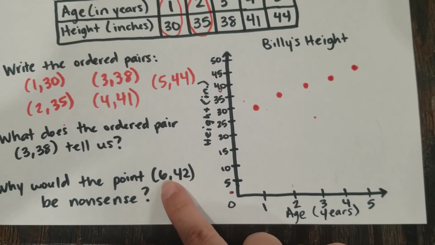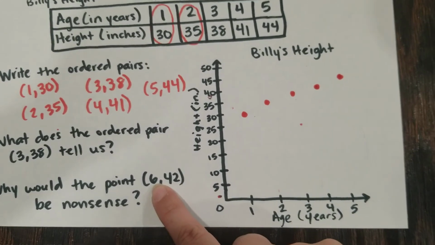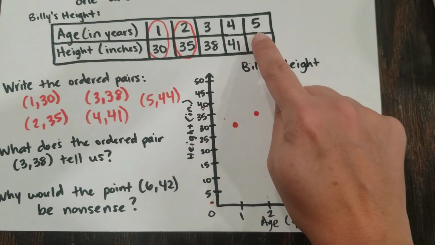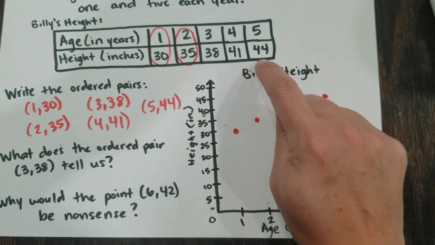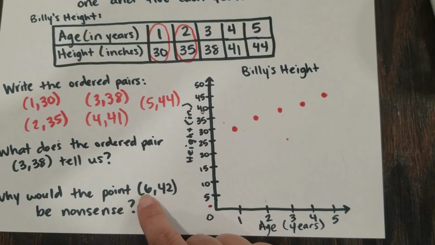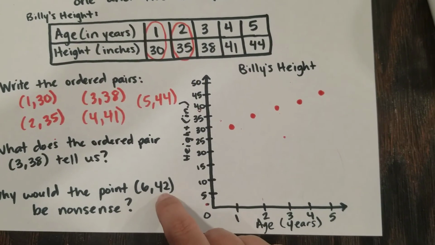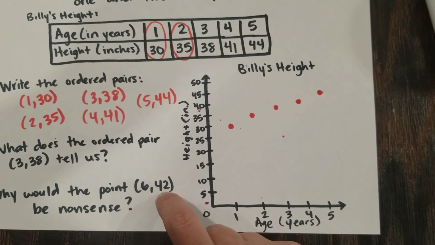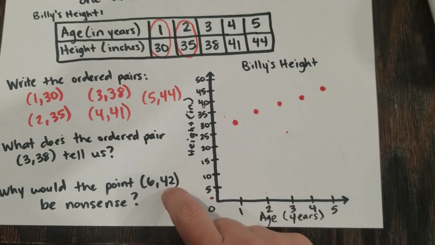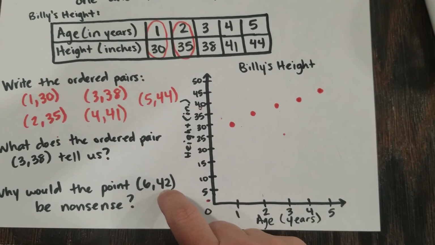Why does that make no sense? Well, let's think about it. When he was 5, he was 44 inches tall. This point says that when he's 6, he was 42 inches tall. Now, do people usually shrink when they're 5-year-olds? No, they don't.